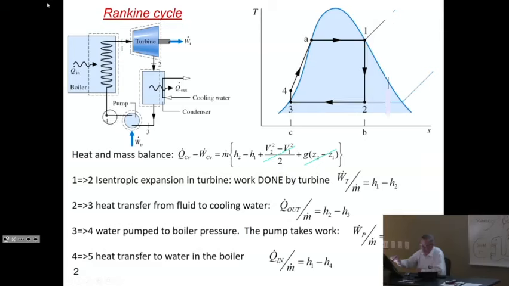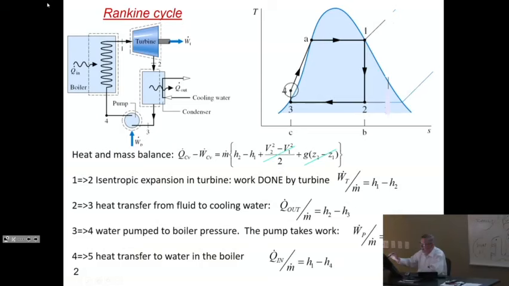That pump between 3 and 4 takes work in with this arrow, and that work per second, or that power, divided by the mass flow rate, is the difference in enthalpies between point number 4 and point number 3. It is again positive with these arrows as indicated here.